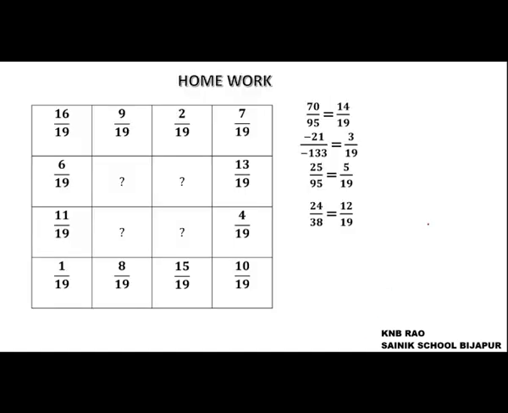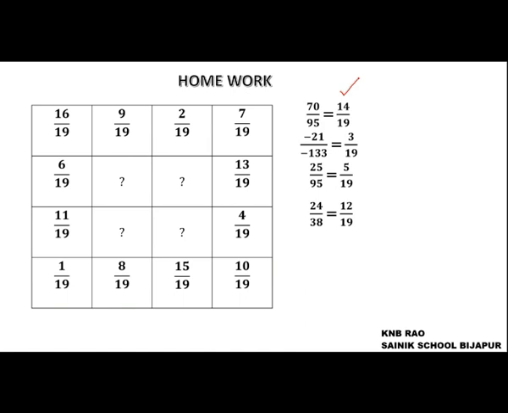After bringing all the given rational numbers into their simplest form, I got a magic square containing 12 rational numbers and 4 blank spaces with the question mark. These 4 blank spaces are the squares which I need to fill with these 4 rational numbers. I brought them also into their simplest form.